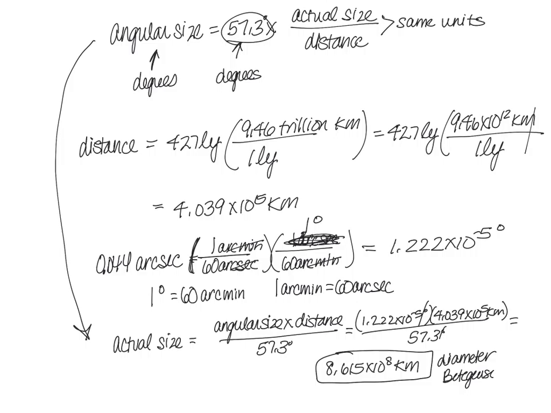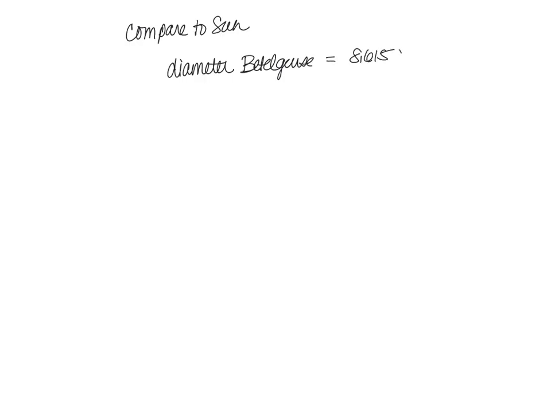All right, now let's talk about the second part of that problem. In the second part of the problem, they want you to compare it to the sun. And so you have the diameter of Betelgeuse, which is 8.615 times 10 to the 8th kilometers.